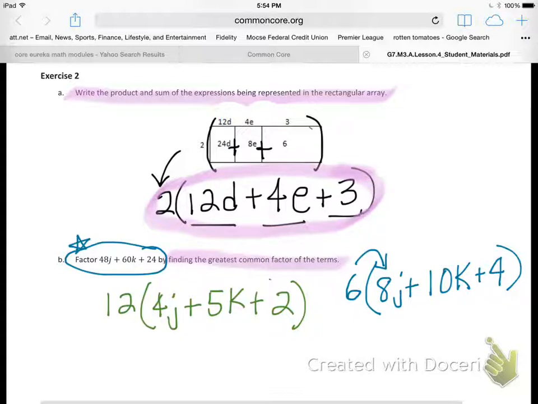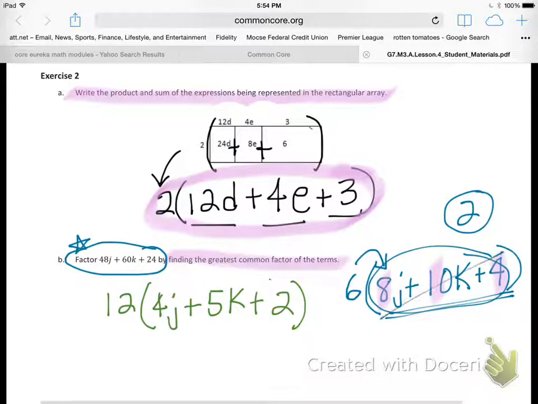So back to this one that I had, I noticed that all 3, 8, 10, and 4 were also divisible by 2. So if that's the case, you know this can't be completely factored. So I had to go back and look at it. All I needed to do in this case was multiply 6 times 2, and that gave me 12. And I know that 12 is indeed a factor of 48, 60, and 24.